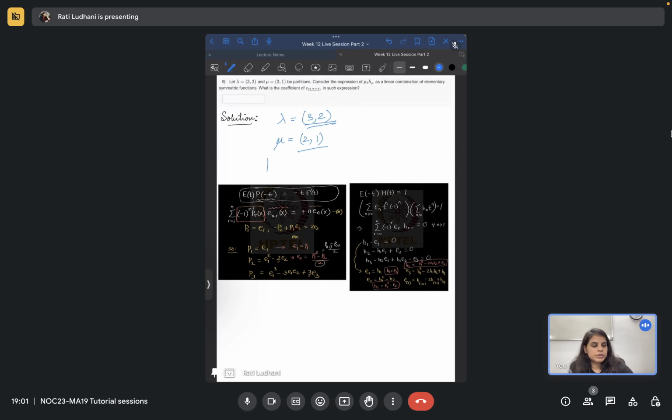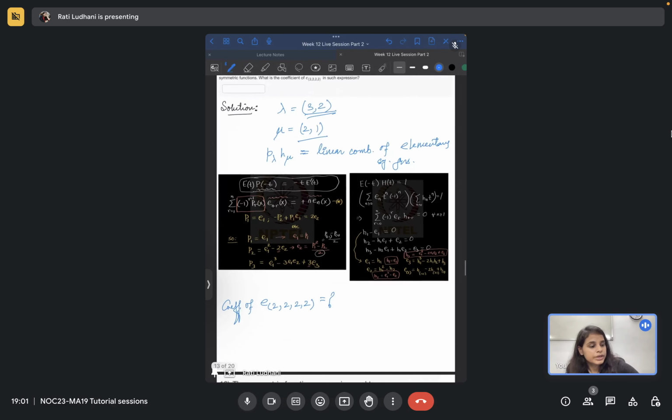Now consider the expression p lambda h nu. So consider it as a linear combination of elementary symmetric functions, and then find the coefficient of E2222.